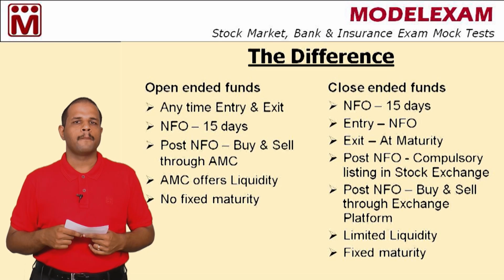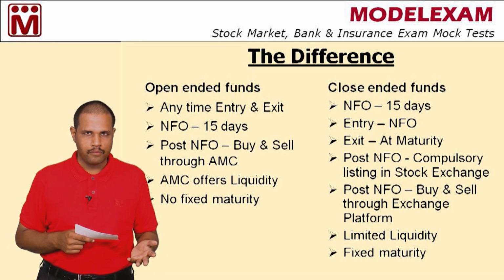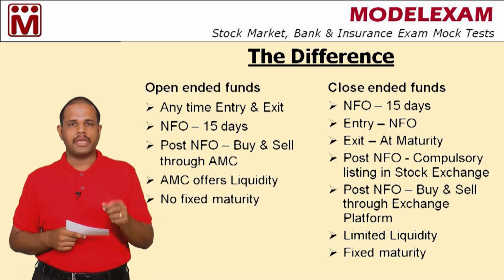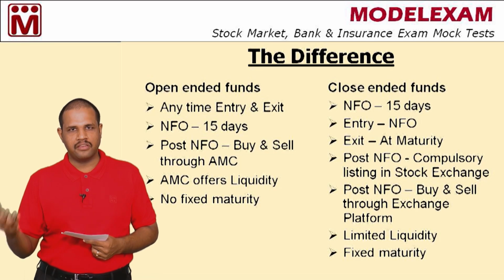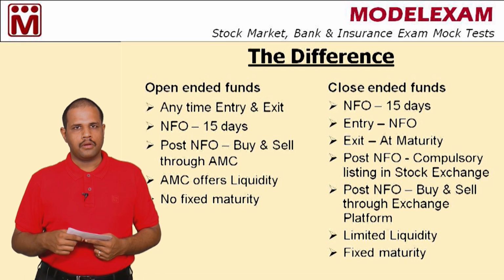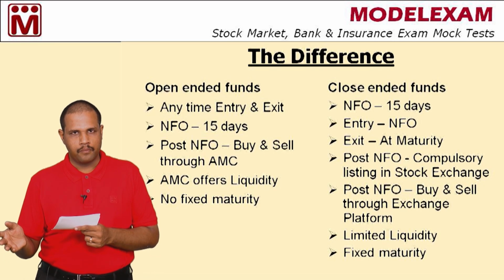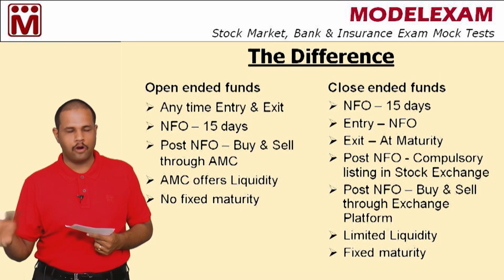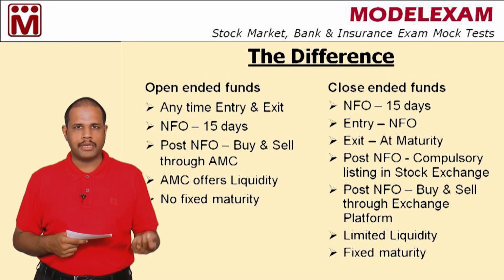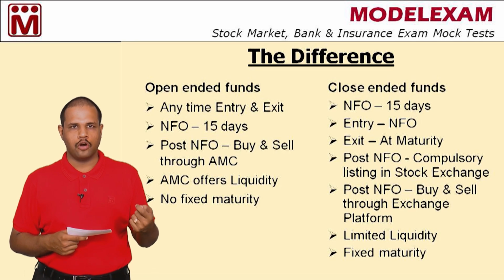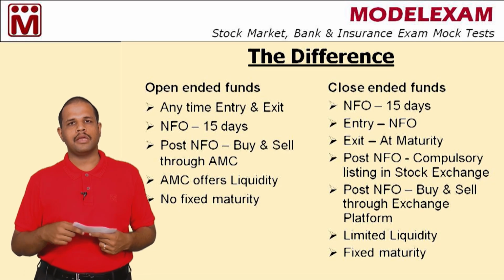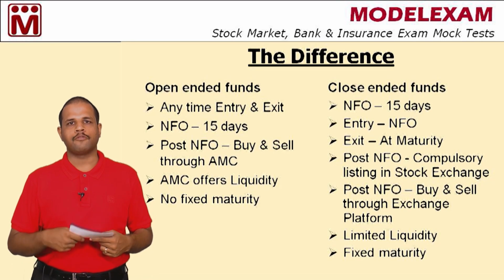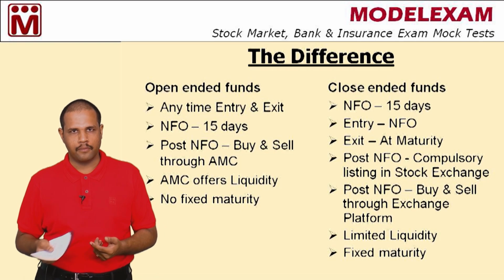In the sense, existing investors who bought units during NFO can exit the scheme through the exchange platform. The procedure is they should convert their units into demat form. They should open a demat account and trading account with a stockbroker. They should demat their units first and then sell through a stockbroker.